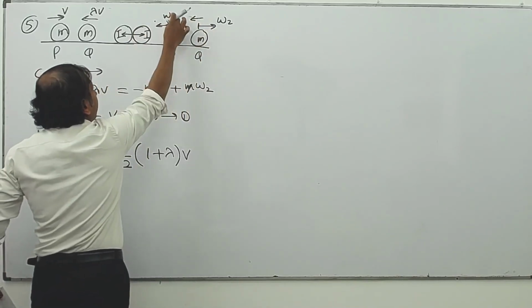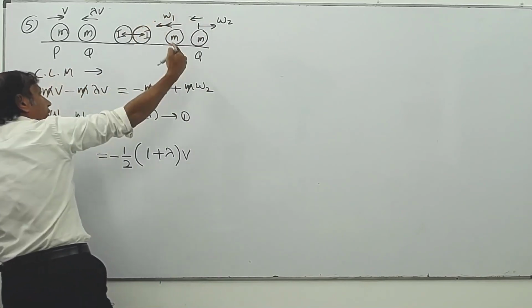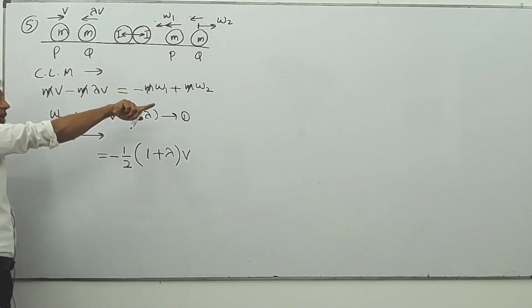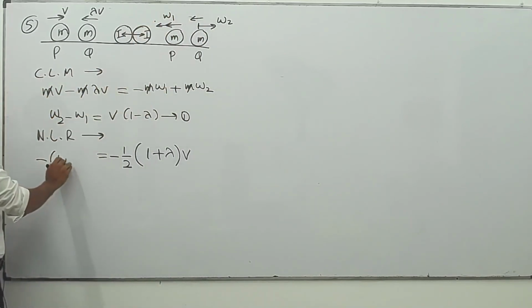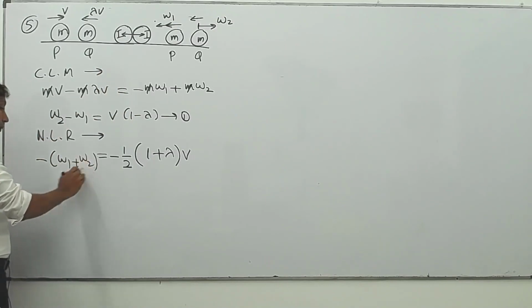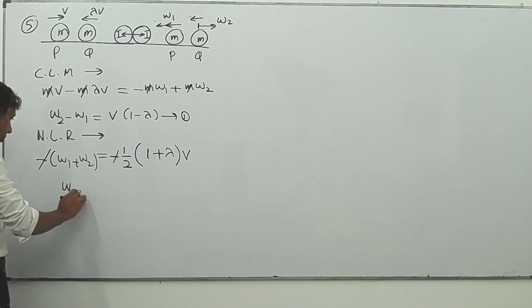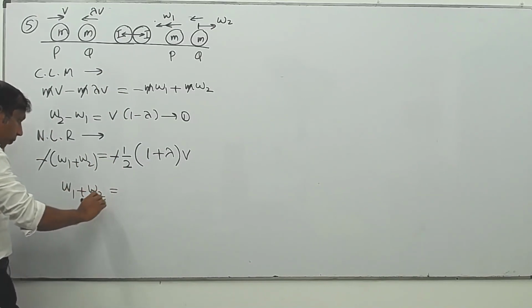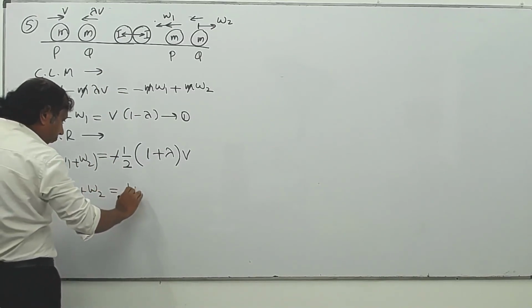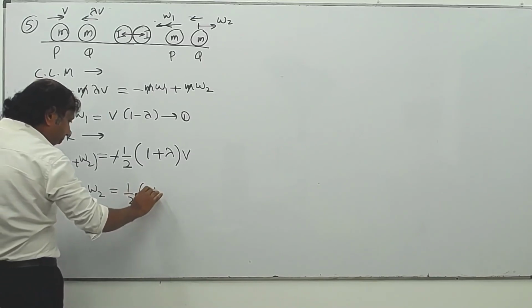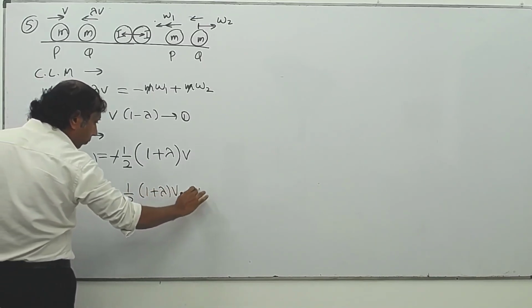Then this will have W1 plus W2. That is leftward, no? But we apply NLR rightward. Then minus W1 plus W2. Cancel down these two. Then we get W1 plus W2 equals half 1 plus lambda v, number 2.